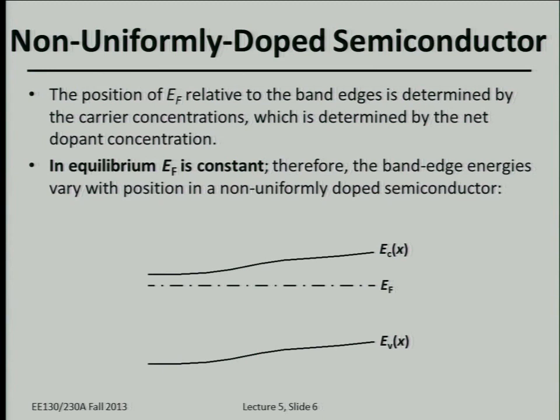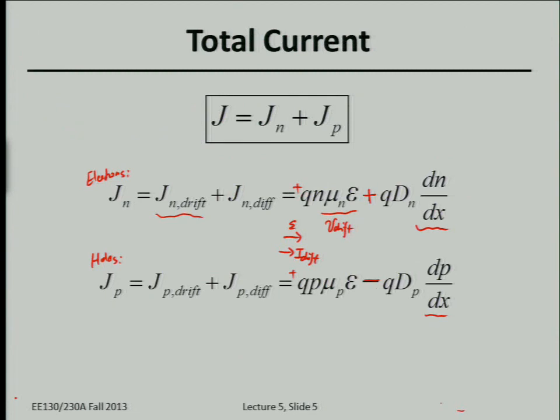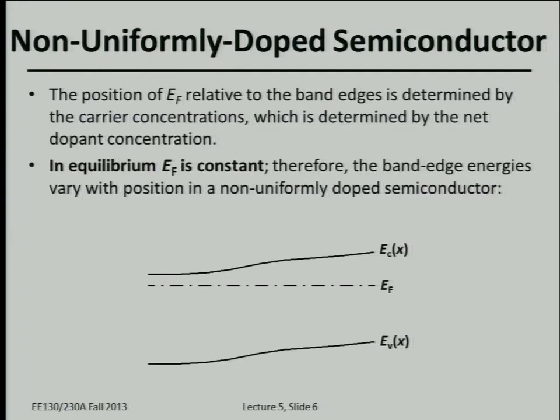So right now, let's look at a very general example to see how we're going to use those equations, by combining the drift current formula as well as the diffusion current. Let's see how we use that to solve more general problems. In most cases, we're going to face a semiconductor that has very non-uniform doping.